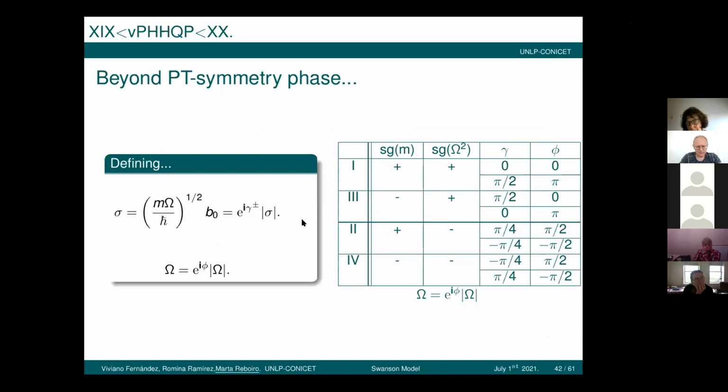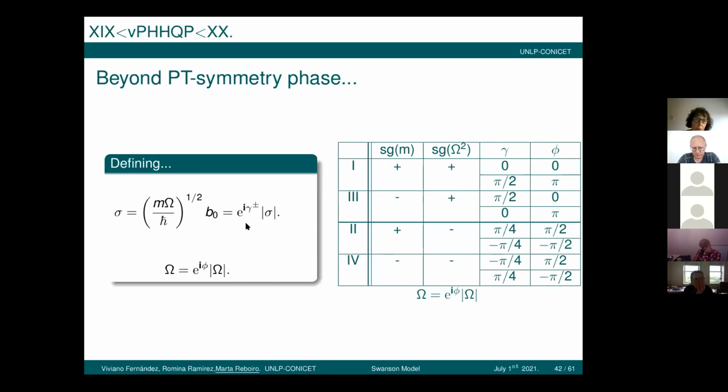the problem, we realized this a long time ago, but the problem in dealing with the system in the non-PT symmetry phase is, of course, that the eigenfunctions are not square integrable. So if we work in the Hilbert space, we have no spectrum.